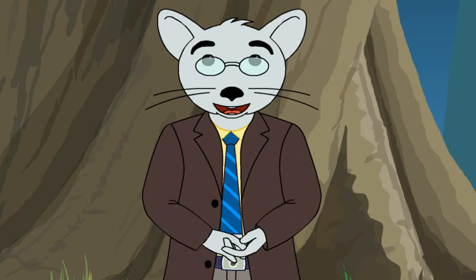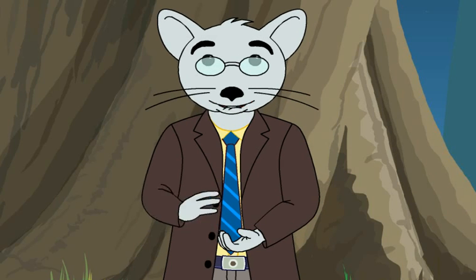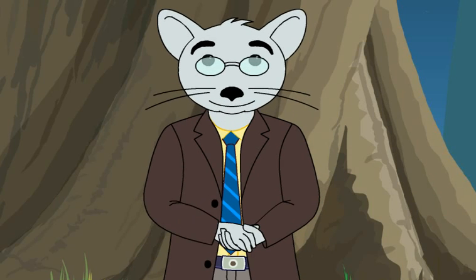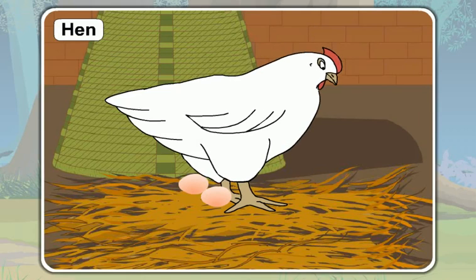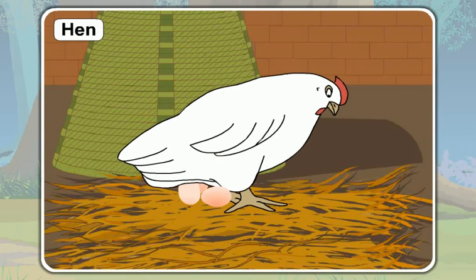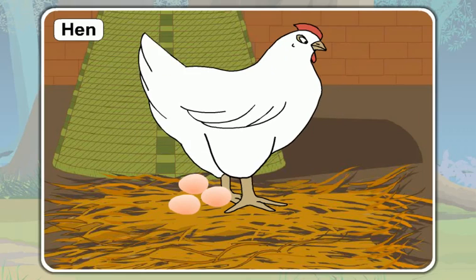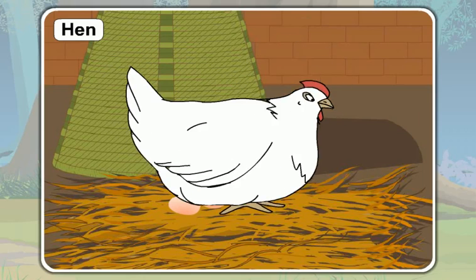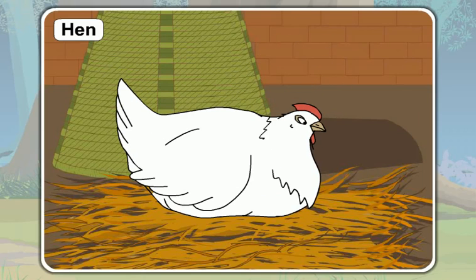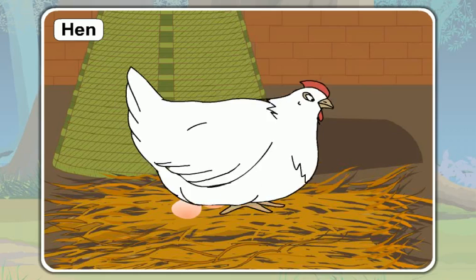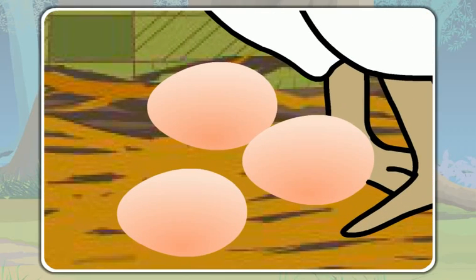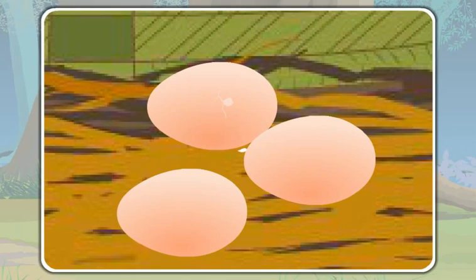Students, you all know that a hen is a female bird. A hen lays eggs to reproduce. After laying eggs, the hen sits continuously over its eggs, making them warm. After 21 days, the eggs hatch out into a chicken.